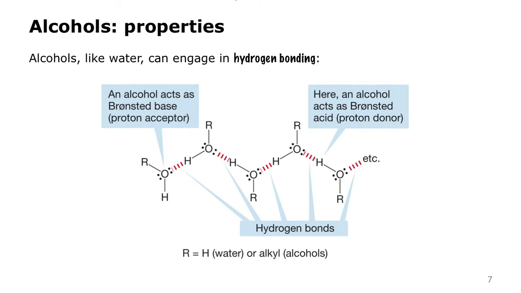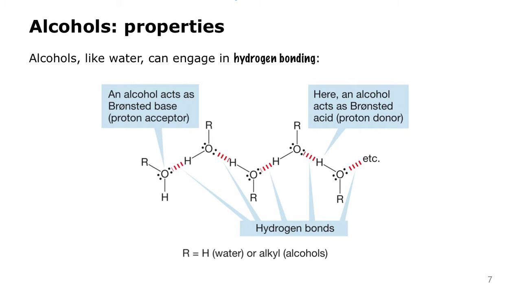In the condensed phase, alcohols typically form liquids under most conditions. And the reason for this is due to the attractive forces between the molecules. Alcohols are polar, so there are, of course, dipole-dipole interactions.